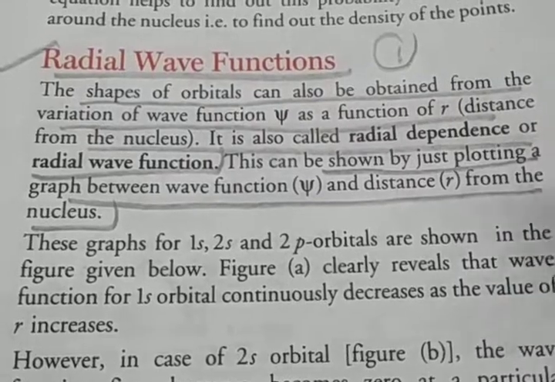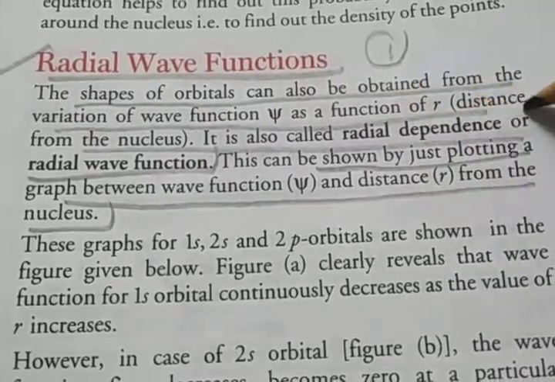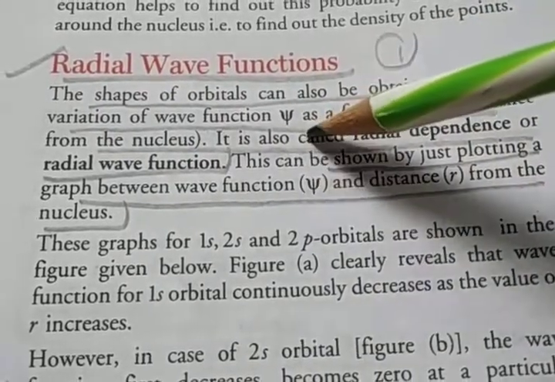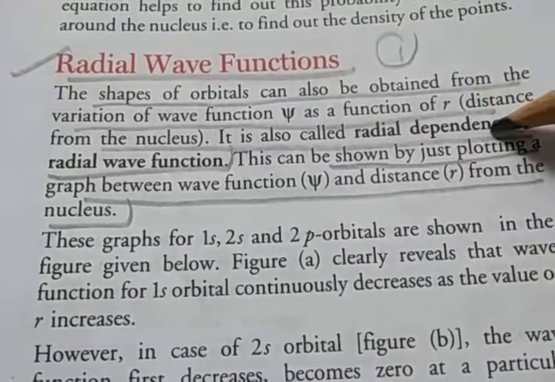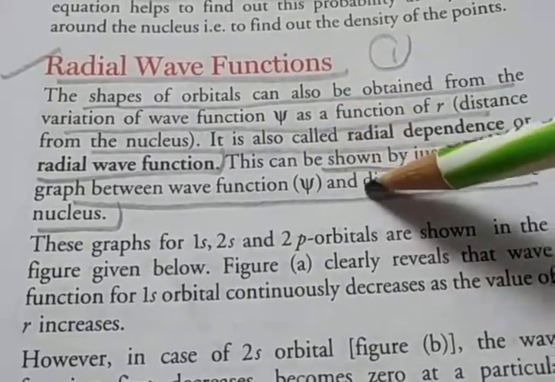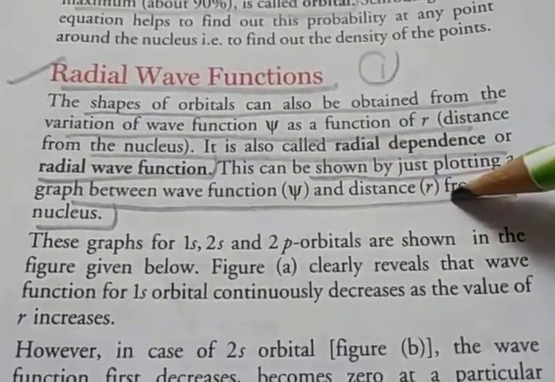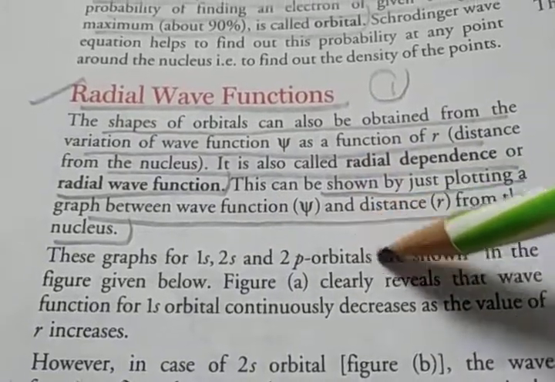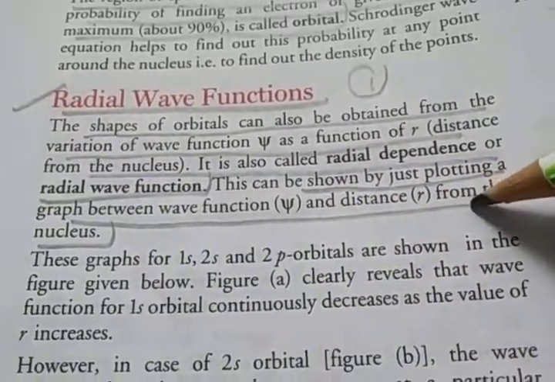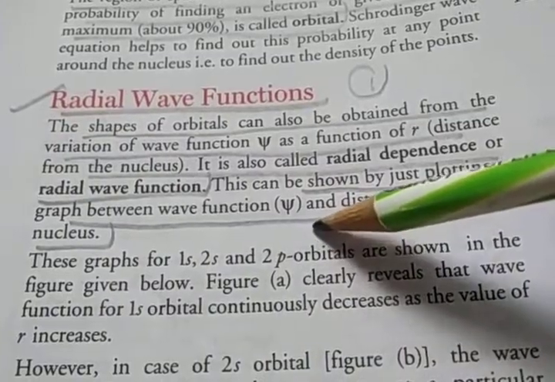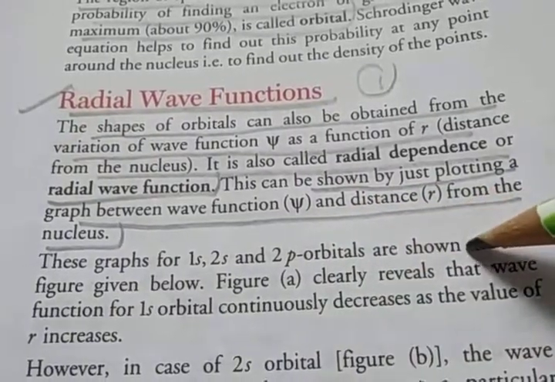The shape of the orbitals can be obtained from the variation of the wave function as a function of the distance from the nucleus. This is called the radial dependence of the wave function, shown by plotting a graph between the wave function psi and the distance r from the nucleus.